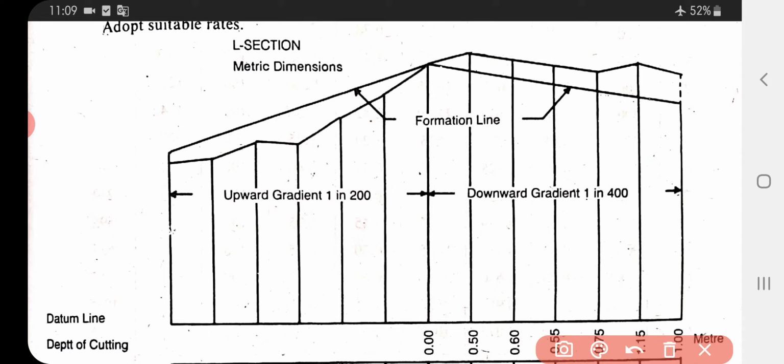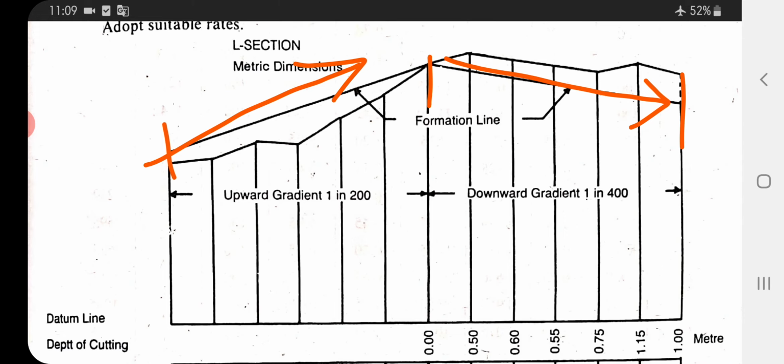the question has a rising or upward gradient from this point to this point, and from this point to this point there is a downward gradient 1 in 400. Now let's solve the question.